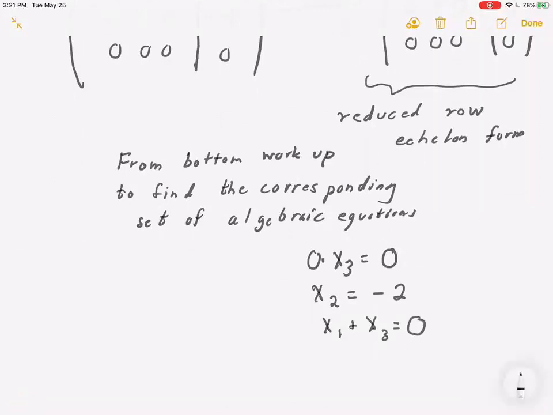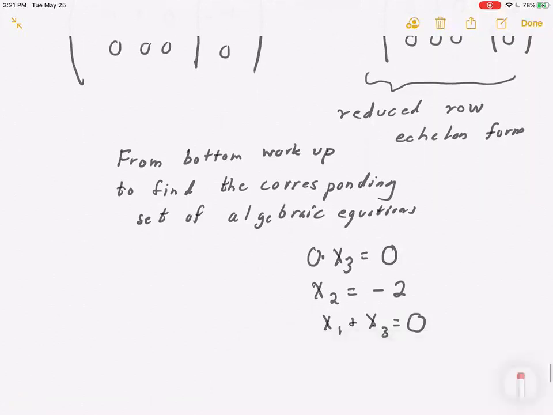So this is telling you something very important. What you have to do is be able to read what it's telling you. First equation, starting from the bottom and going up, tells you that x sub 3 can be anything, namely any real number times 0 is always going to be 0.